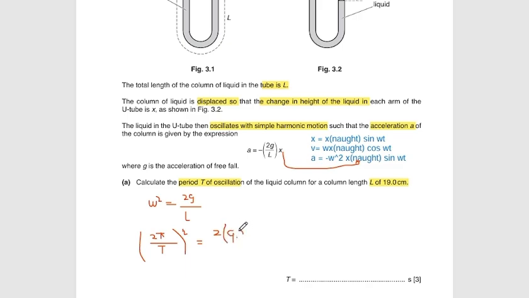Make sure you do not use 10 for physics. 9.81 over L, which they've given us as 19 centimeter, but we have to convert it into meter, so it will be 0.19.